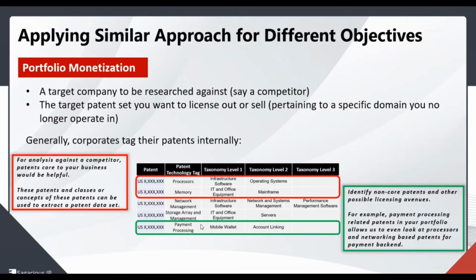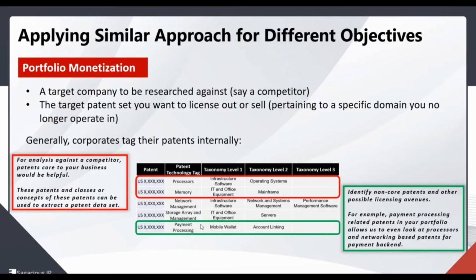So for example, say a company is operating in the domain of processor and memory, and they want to go against their competitors. They directly know which patents from their portfolio they can use for the mining exercise, identify some gems applicable to those competitors, and accordingly generate charts and get into licensing deals.